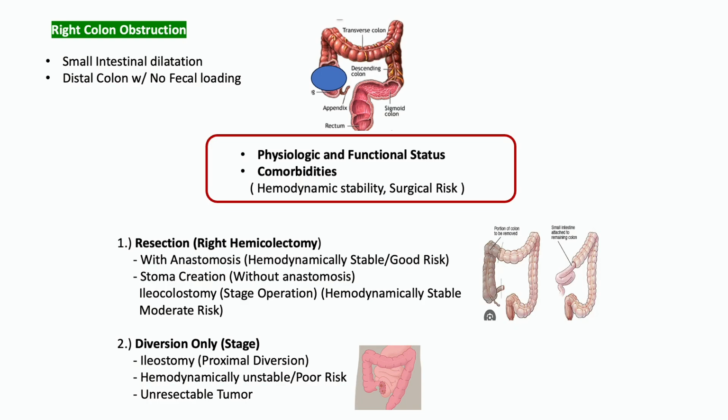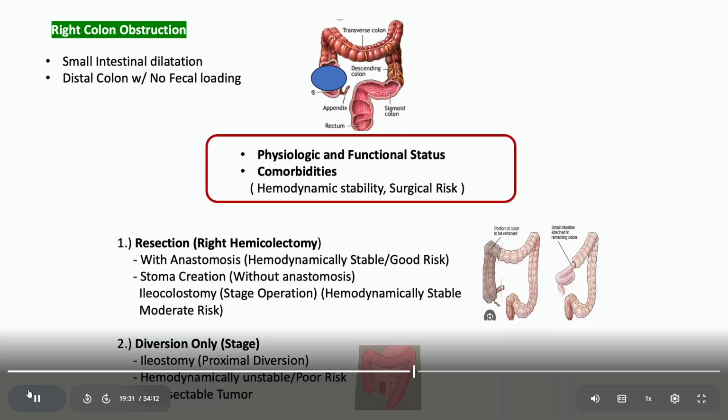Right colonic obstruction is characterized by small intestinal dilatation with the rest of the distal colon collapsed and free of fecal loading. Assessment of the patient's physiologic and functional status and comorbidities dictates the surgical management option. For a hemodynamically stable and good risk patient, a right hemicolectomy with anastomosis is the primary option.